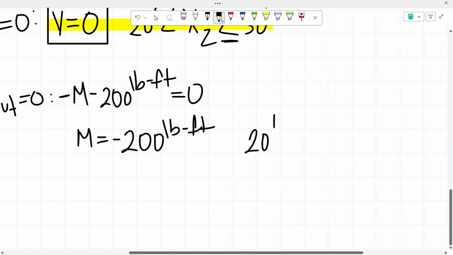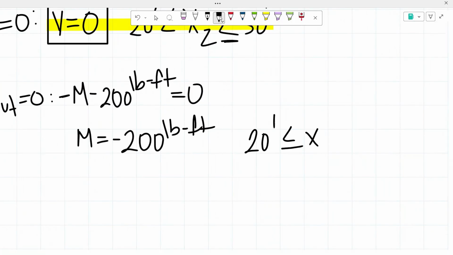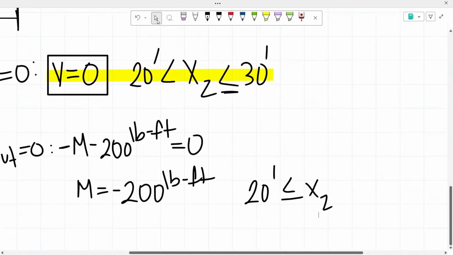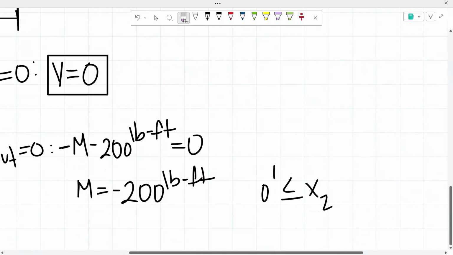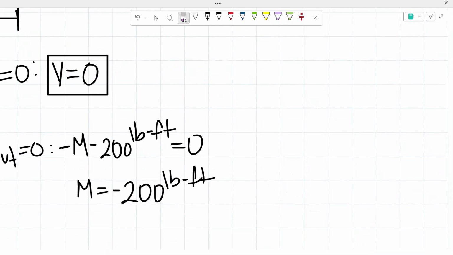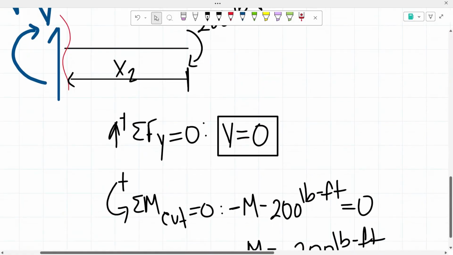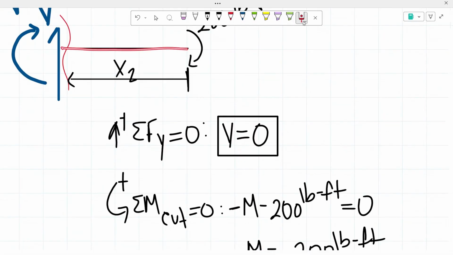Meanwhile, our x2 is within the ranges of... no, I'm so sorry, you guys. Since I took my origin to be a different place, technically this isn't how we would write it. Since my origin is at point C for this part, then 0 would be here and it would be inwards.